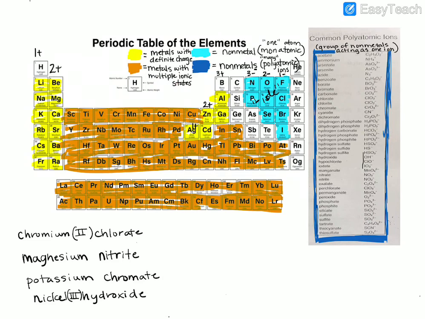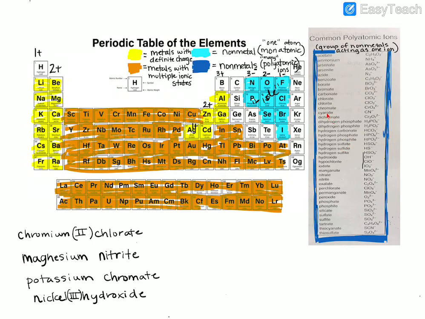Now, you might ask, how do I know these are polyatomic ions? If you see an ate or an ite, I want you to notice that not all of them, but most of them end with ate or ite.